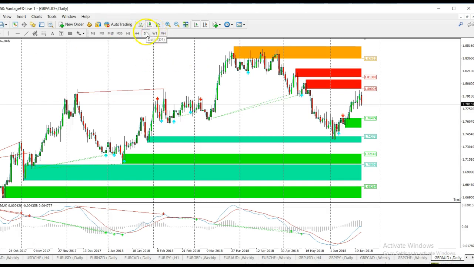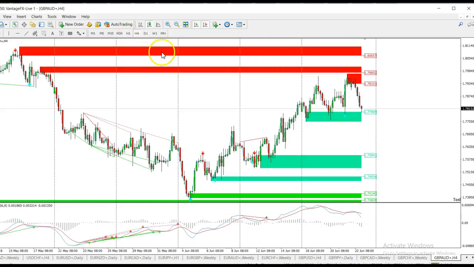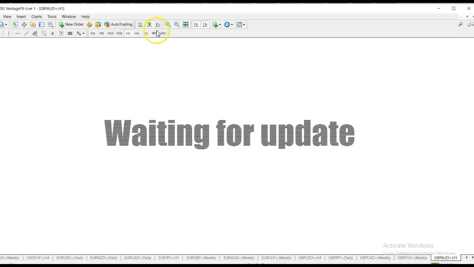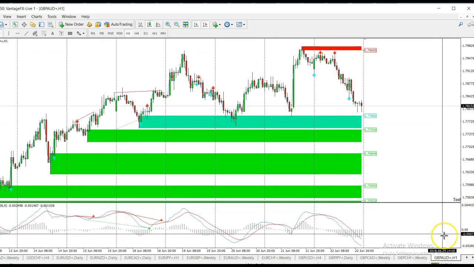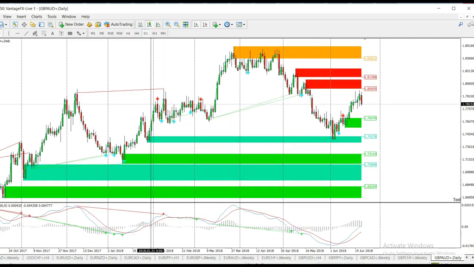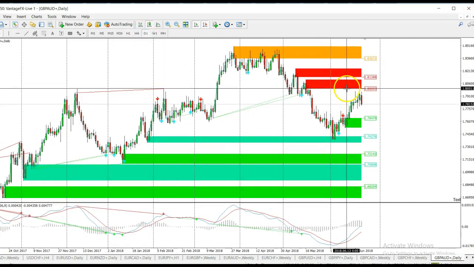Look at the British Pound Aussie coming into a daily zone. We'll look at the 4-hour charts. You can see here loads of arrows at this daily zone. Here, an arrow to enter the market to go back down. So that's all we do. For day trading, we look at that. Okay, it's approaching the 180.